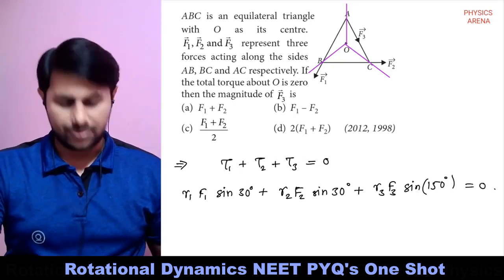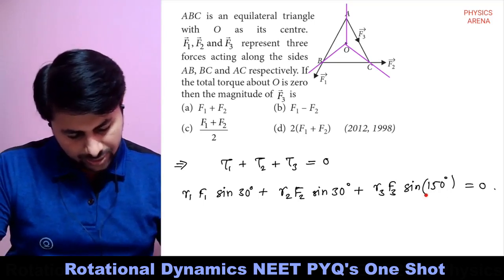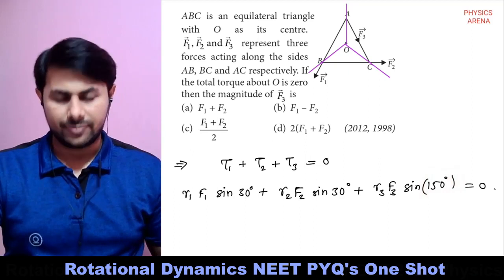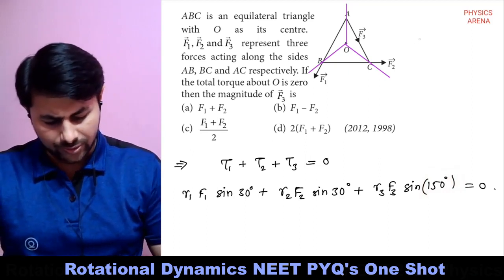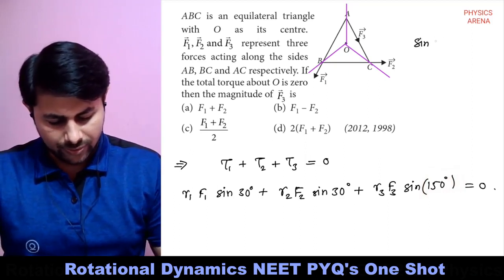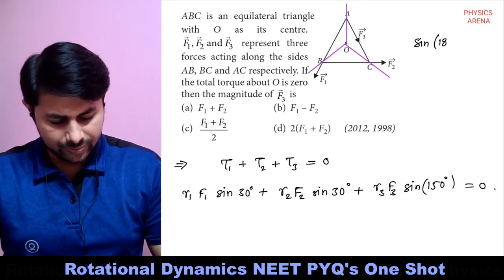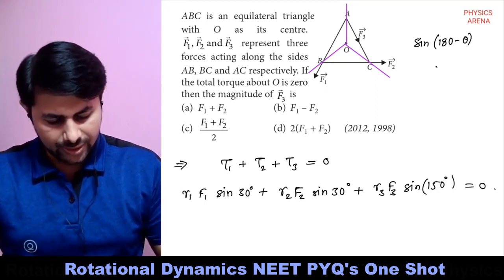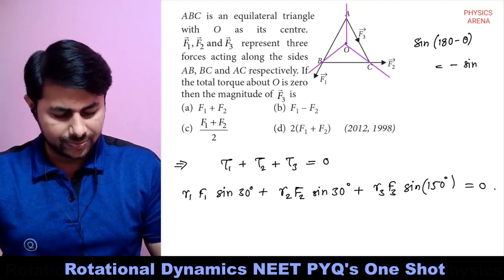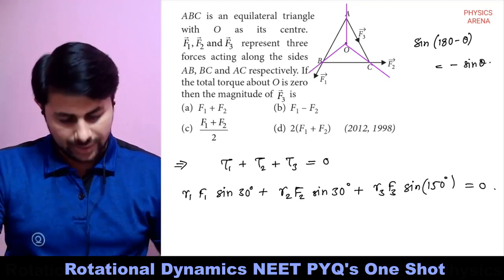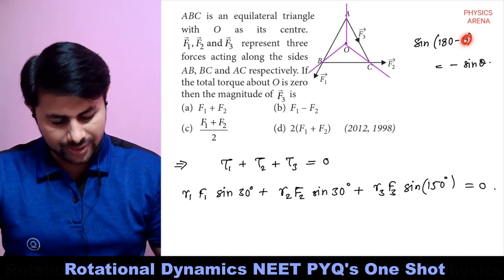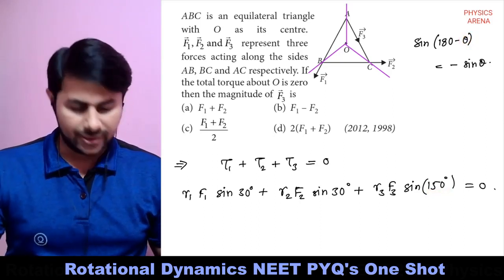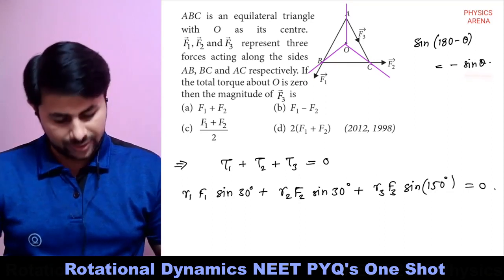This is equal to 0. And sine of 150 is minus sine 30. This is the rule: sine of 180 minus theta is equal to minus sine theta, right? Sine of 180 minus 30 is sine of 150. So it is equal to minus sine 30.